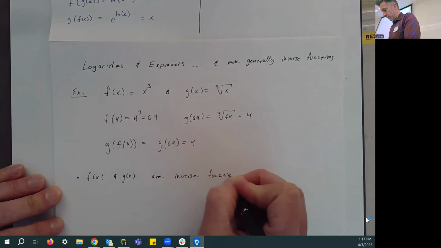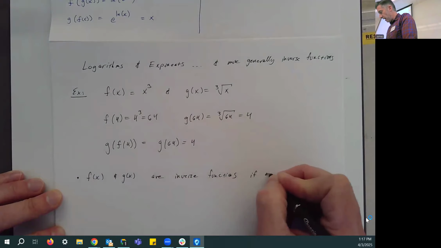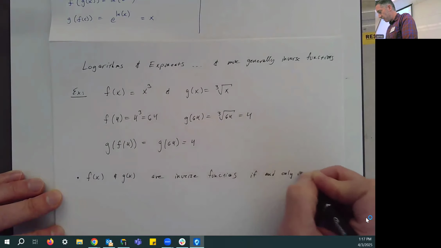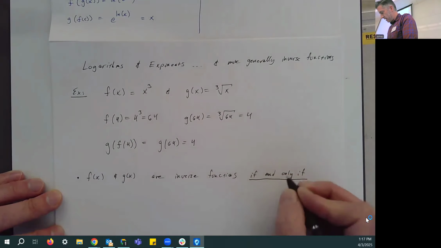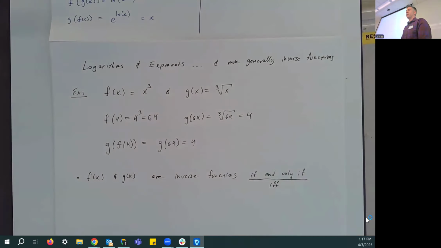Make sure I write this down precisely here. If and only if, people often abbreviate this as an if with two f's. By the way, in case your math professor ever writes that, that's what they mean. What that just means is both directions of the implication are true. Meaning, if they're inverse functions, then the stuff I'm about to say has to be true.